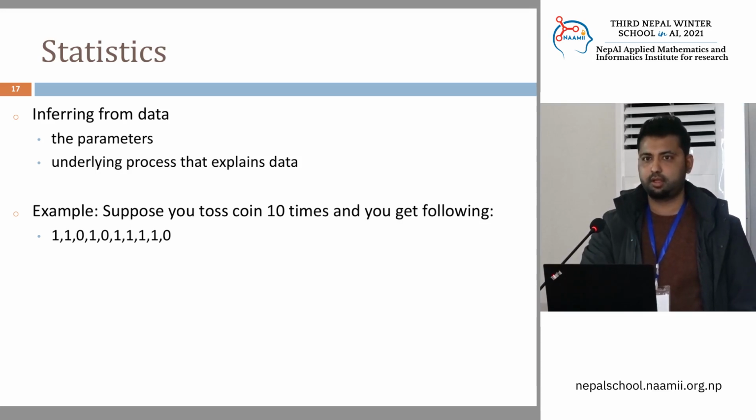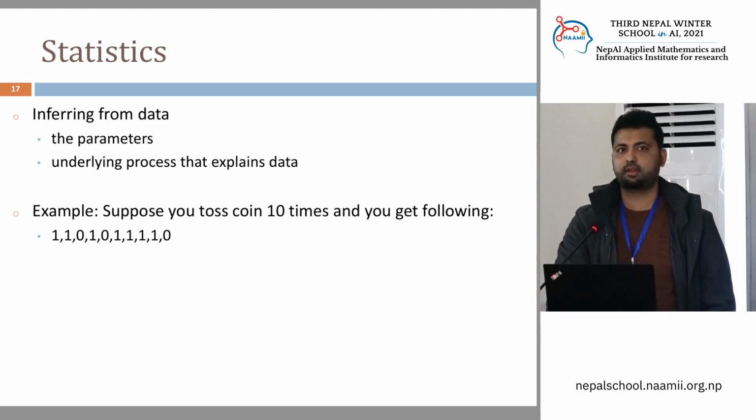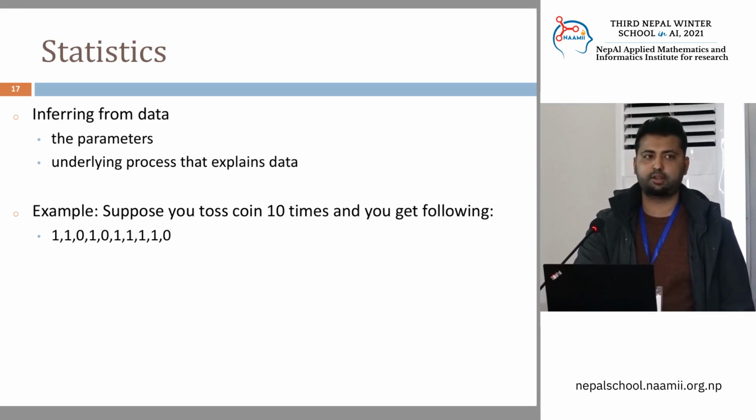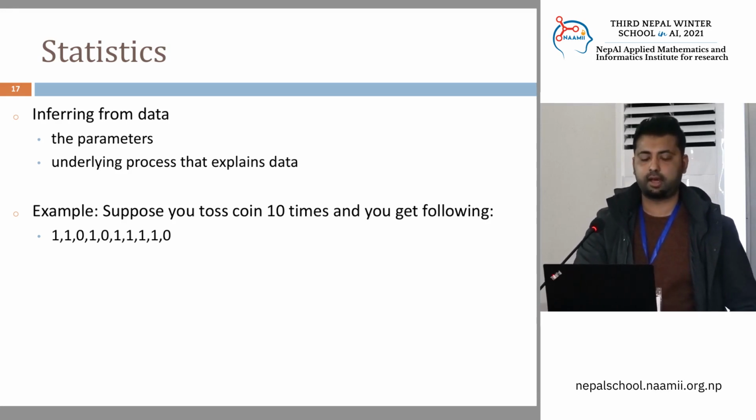A natural question that you might have is, what might be the probability of head in this coin? The number of samples is quite low, it's just 10, so I would ask you to refrain from trying to infer anything from there. But for the sake of argument, let's say we want to infer the probability of head in this coin.